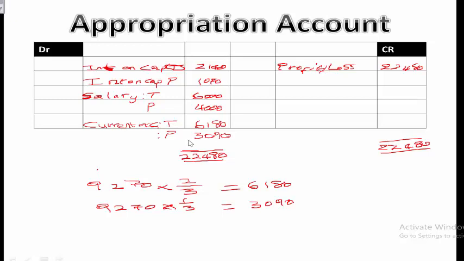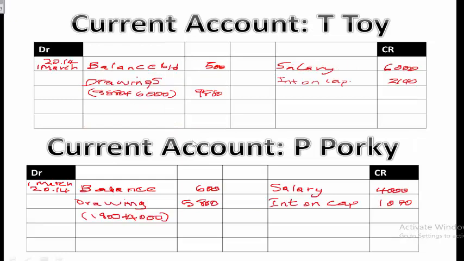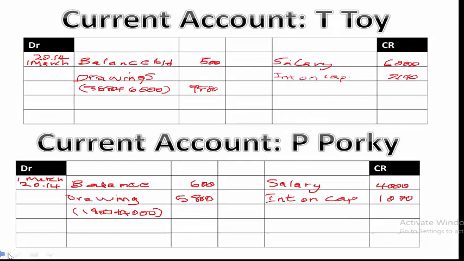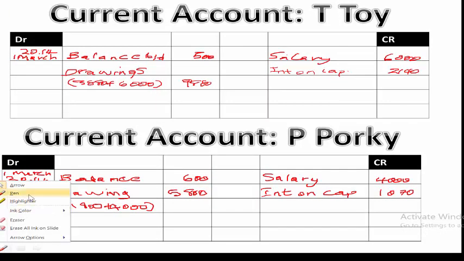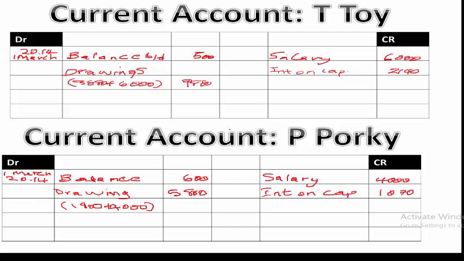So once you have these amounts, you can start recording. So let's go back and do our double entry. So from that point, you will then have to put these amounts down in the current accounts as what? As appropriation accounts. So they share in both profits as well as losses.